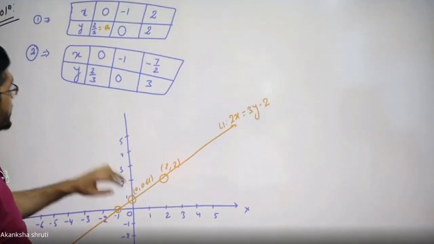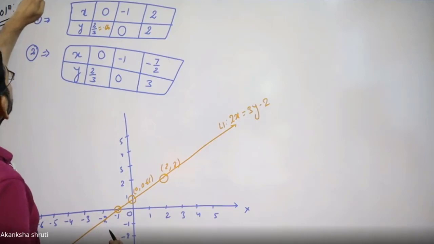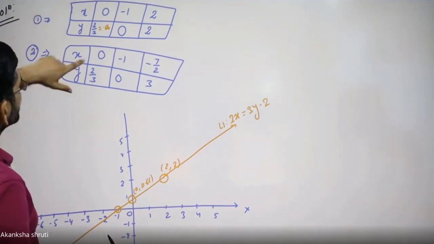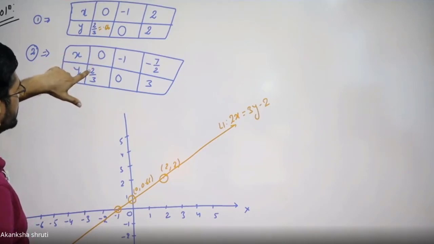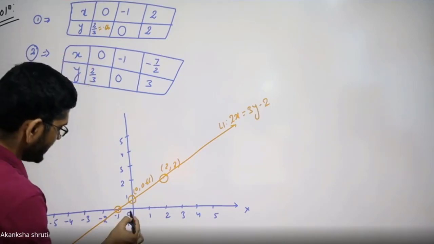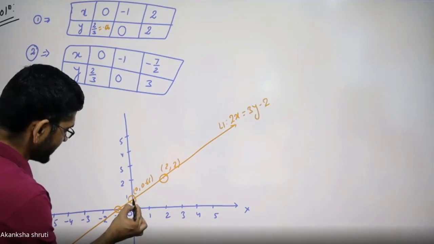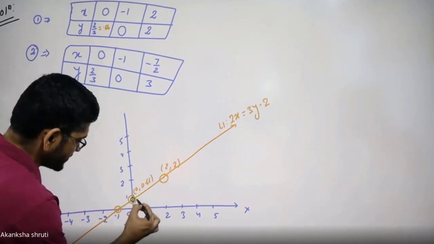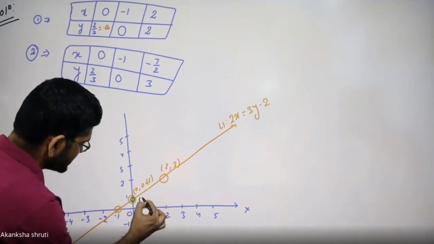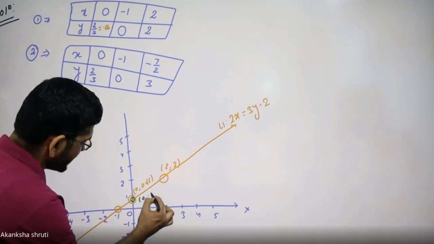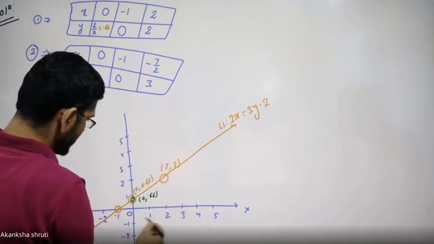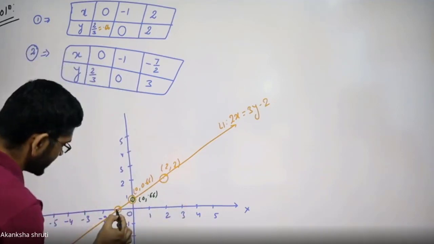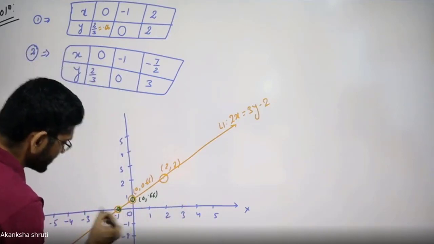Similarly, we have to plot equation 2 also. Their coordinates: again x is equals to 0, y is 2 by 3. X is 0, y is 0.66. Even for the second one also the same point. The next, y is 0, x is minus 1. Again, we are getting the same thing.